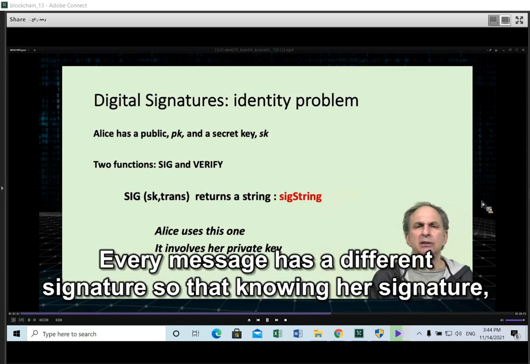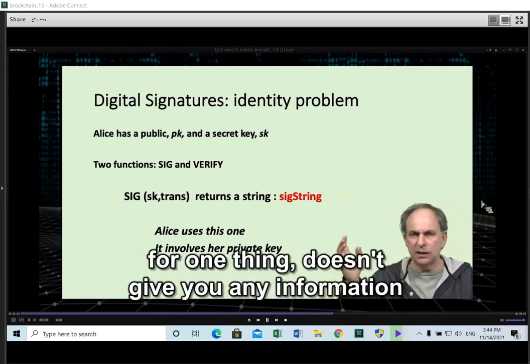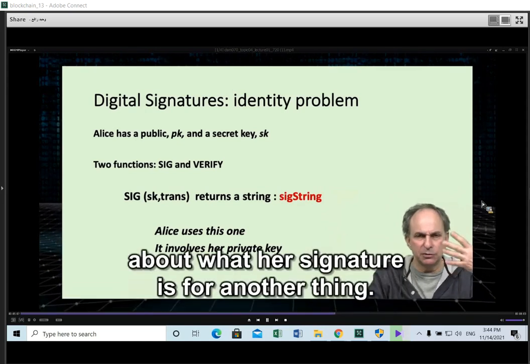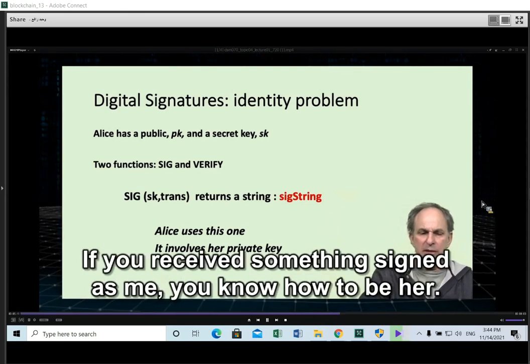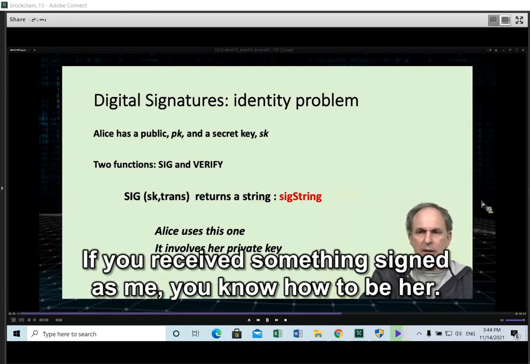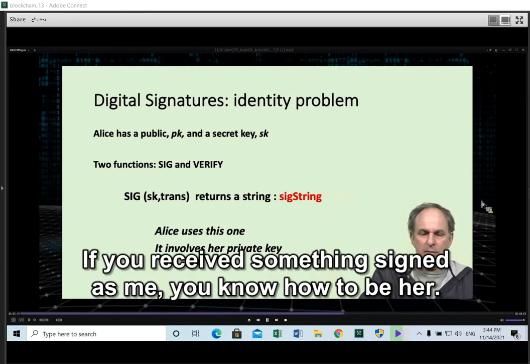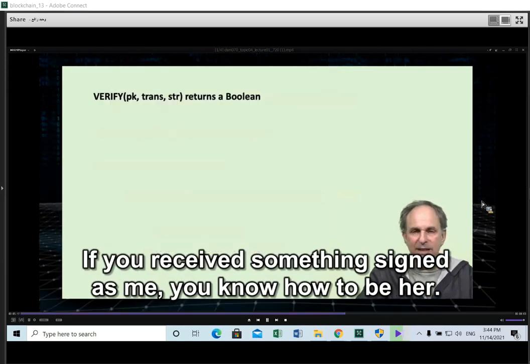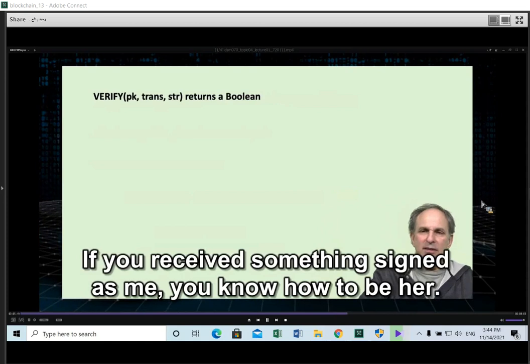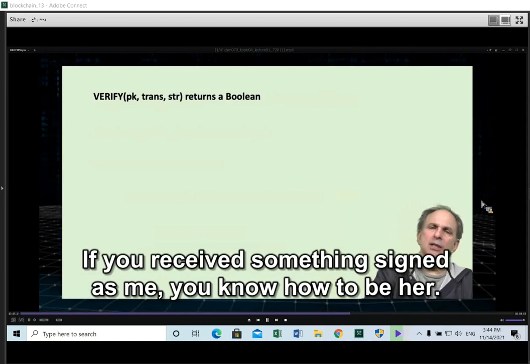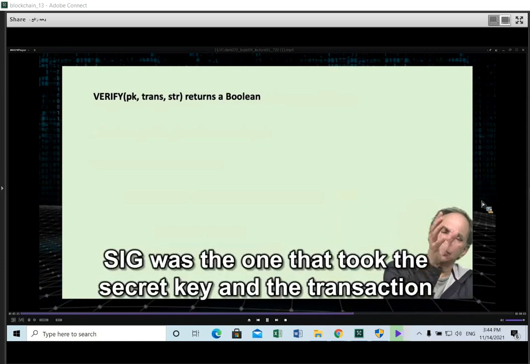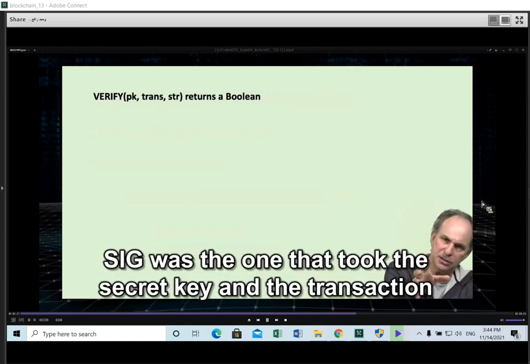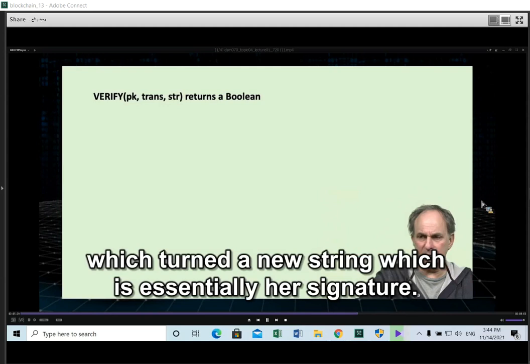Right, remember I said there were two functions. Sig was the one that took the secret key and the transaction, returned a new string, which is essentially her signature. Verify is the one where we look at the public key and the signature and we check that it's what we want it to be. So verify takes the public key, the transaction, and a string, and it returns a Boolean.